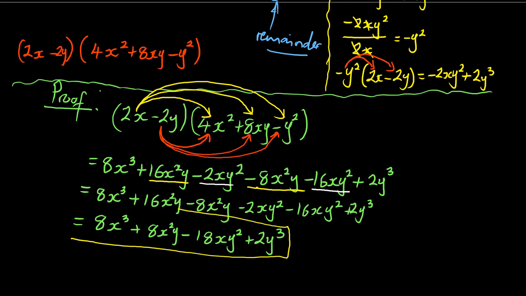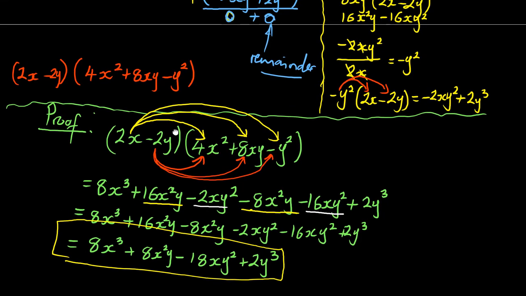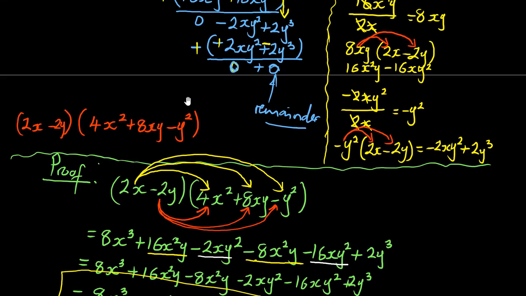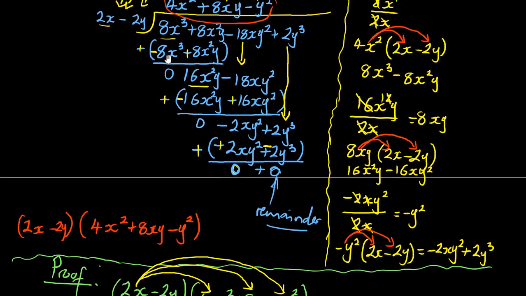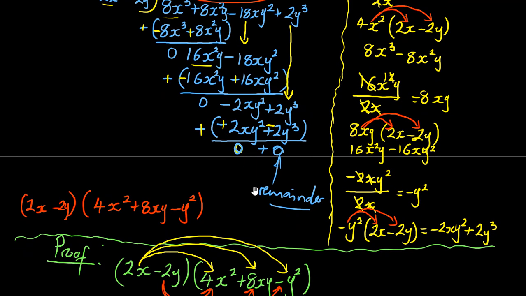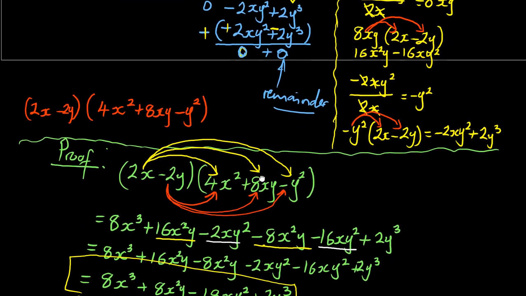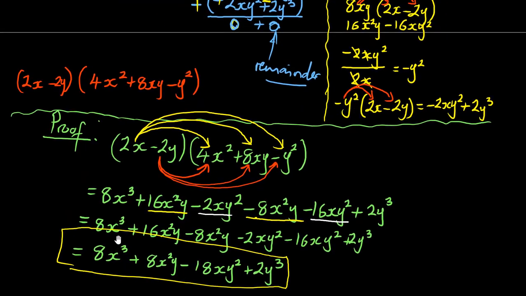Now you have to compare this with the first question that you are given. Now if you can look at it carefully, you can see that this matches that, which is 8, 8, negative 18, 2y. If I can check it again, there I have it, my 8, 8, negative 18, and 2y cubed.